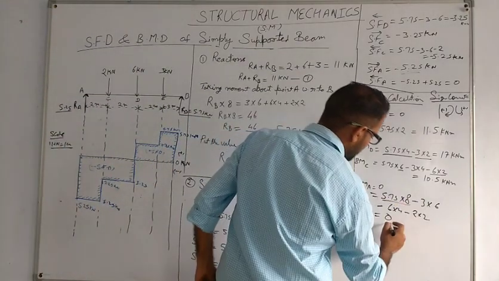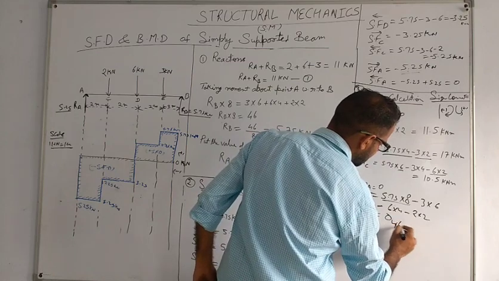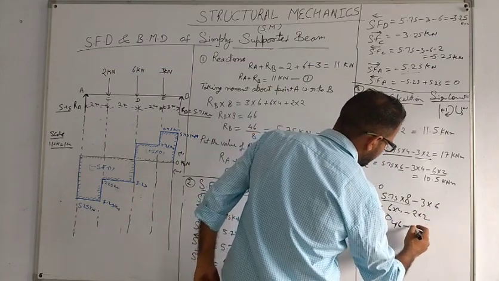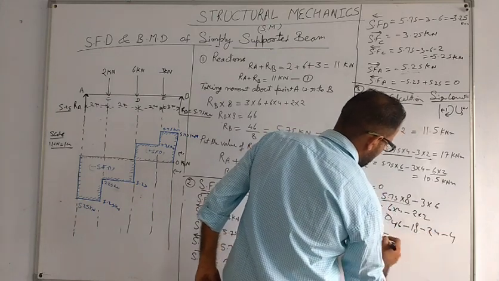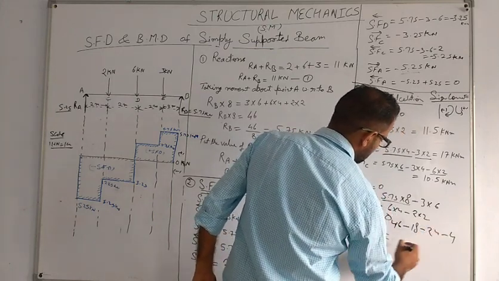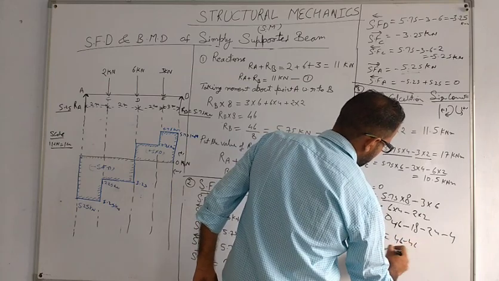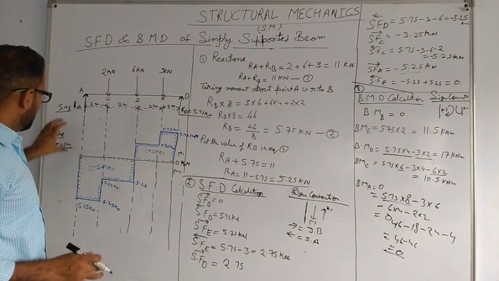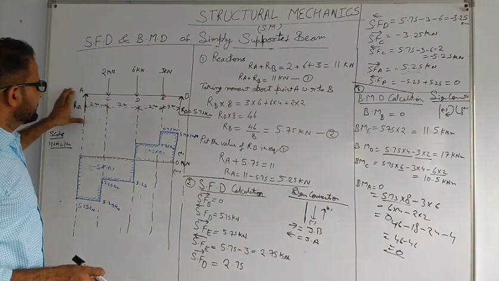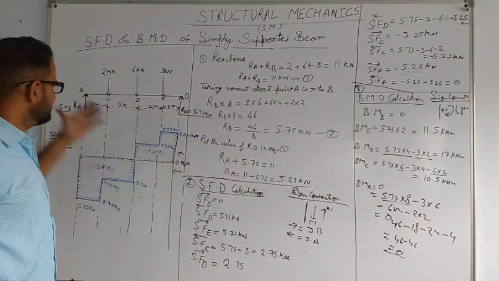This will come 46 minus 18 minus 24 minus 4, which is 46 minus 46. Okay guys, so the bending moment at point A from the calculation is 0.